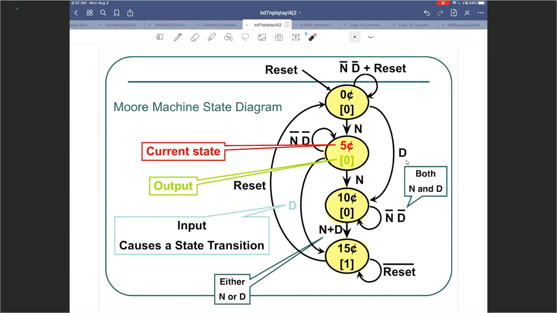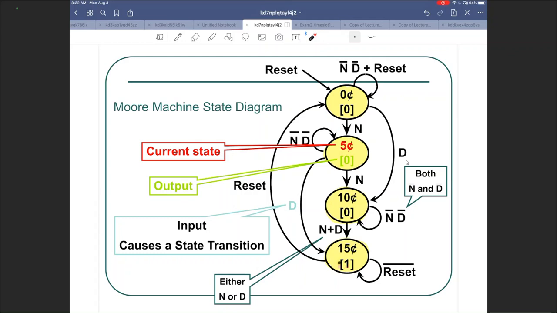Now, the way I reach these states could be different in different ways, but at any moment, my vending machine can have 0 cents, 5 cents, 10 cents, or 15 cents. And if it is at 15 cents, we know that it is going to vend the item.